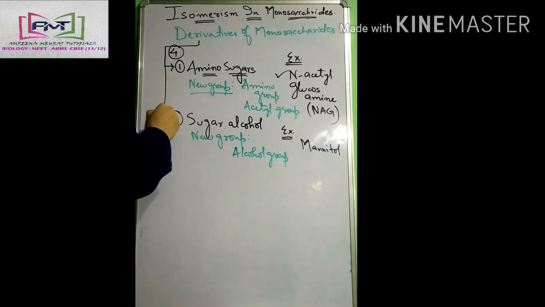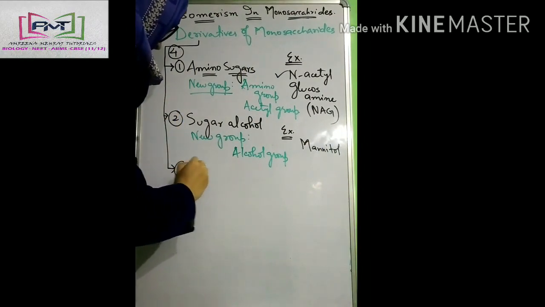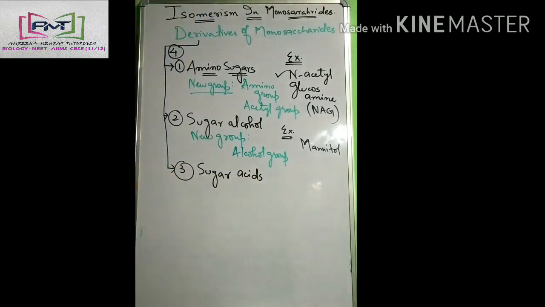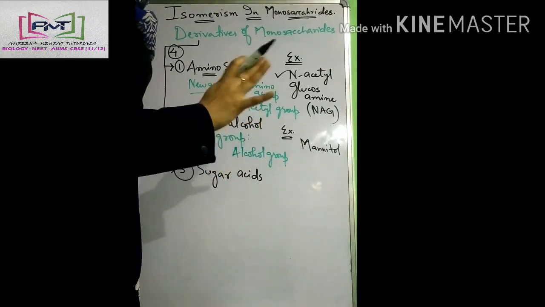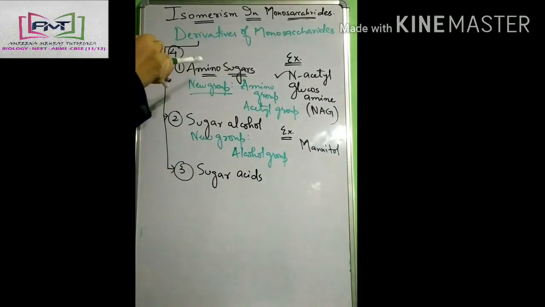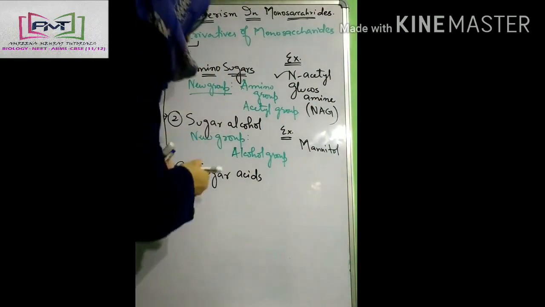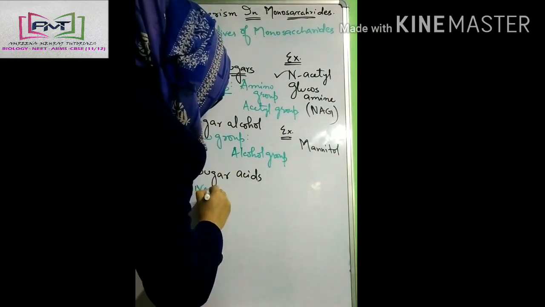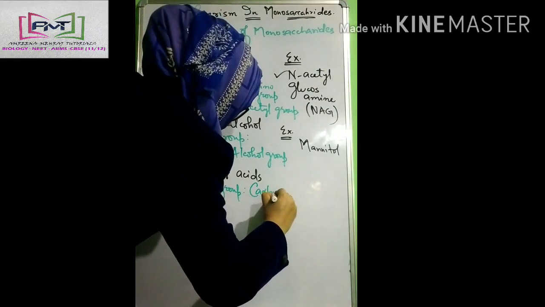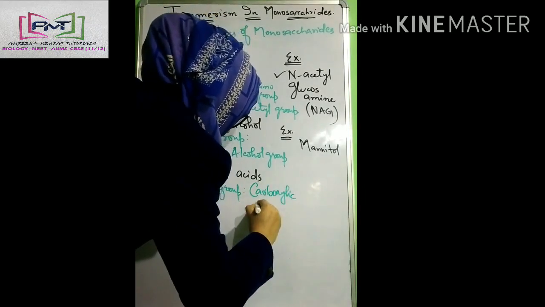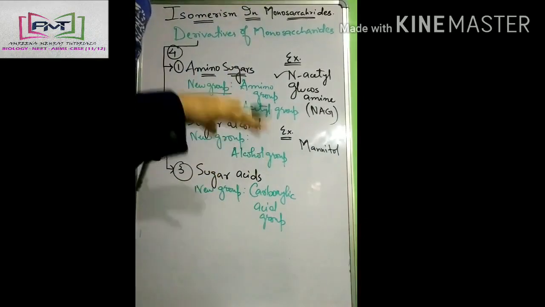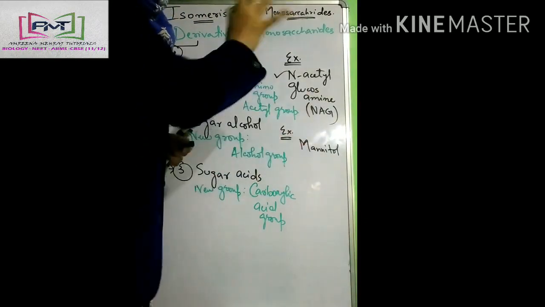Okay. So the third category is sugar acids. Now if you have aldehyde and ketone, you have that group. But other than that, you have one more functional group, that new group which is now present is the carboxylic acid group.